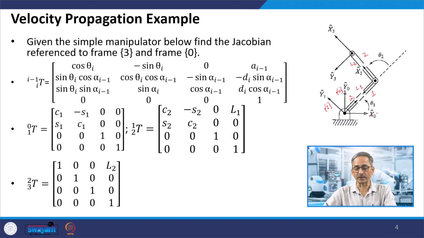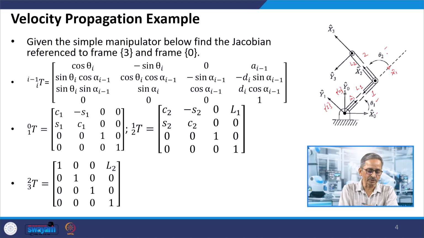The angle between x0 cap and x1 cap is the first joint angle theta 1, and between x1 cap and x2 cap we have theta 2. I am not going to derive the DH parameters over here. We have already seen that in the DH lecture, so I can get the DH parameters.